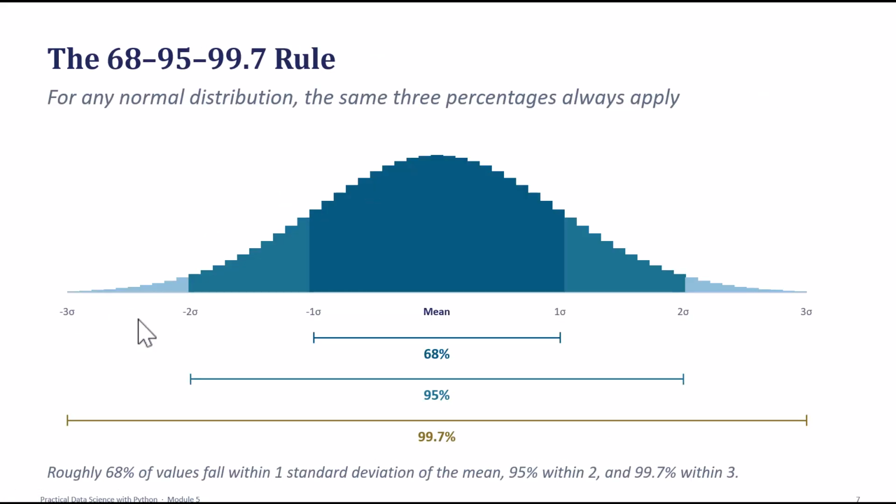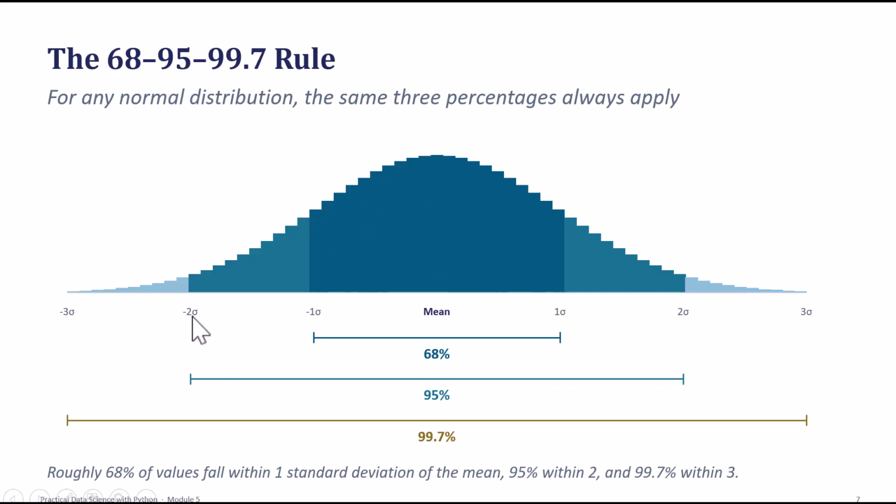Then we have the rule called 68, 95, 99.7. These are mathematical expressions defined using integration. You have a lower bound and an upper bound of an integration. I don't want to be showing the formulas because it's not necessary. A lower bound of -1 and upper bound of 1 will give you 68%.